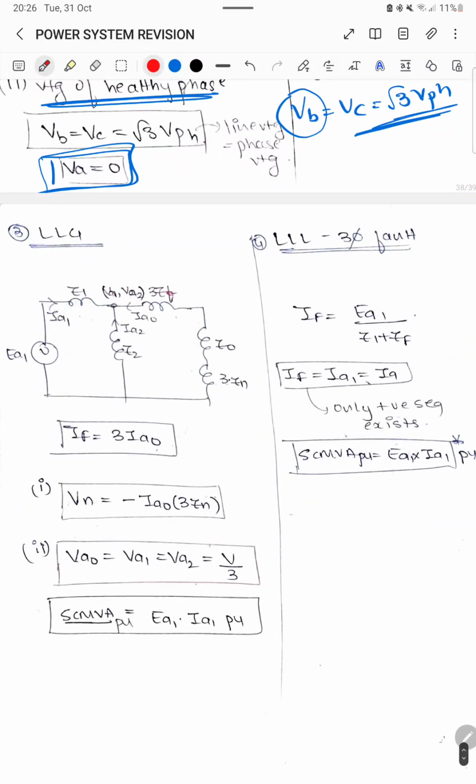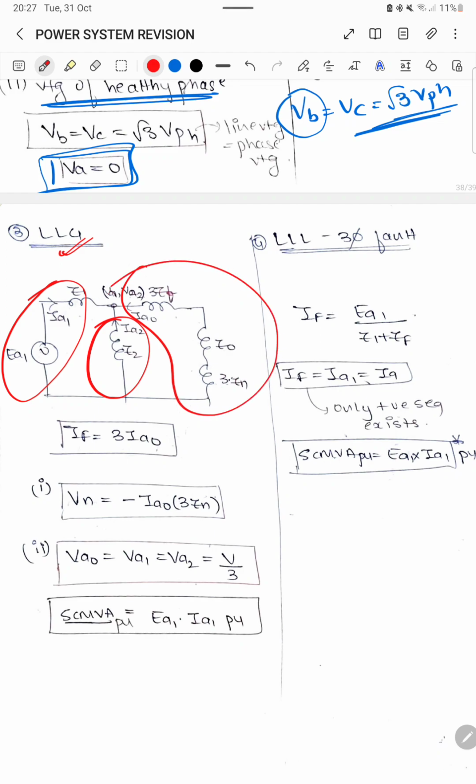Okay. Now let's talk about the LLG fault. So here again Z1 and Z2 are in parallel. Okay. And 3ZF, 3Zn and Z0 form the third branch. Now clearly here IF is nothing but 3IA0. VF, if anybody asks you, will be around this.